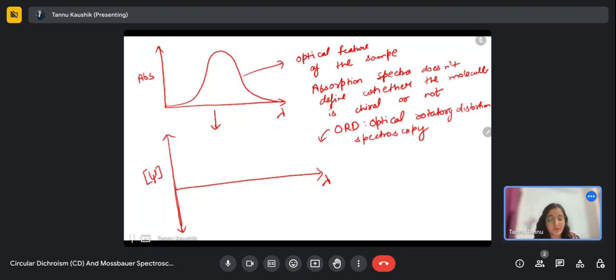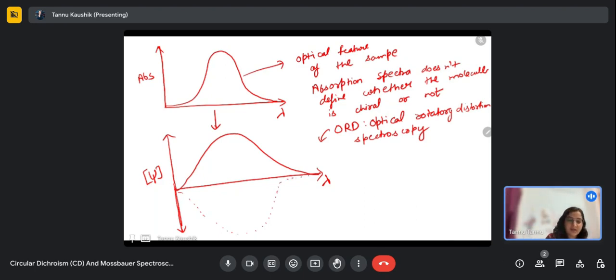So this depends on the difference in the speed of the light. Here, for two different enantiomers, we will get two spectra.